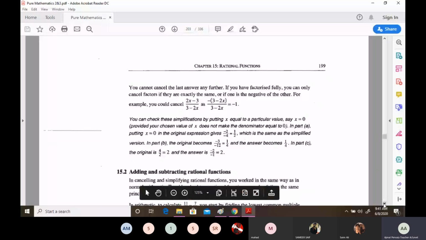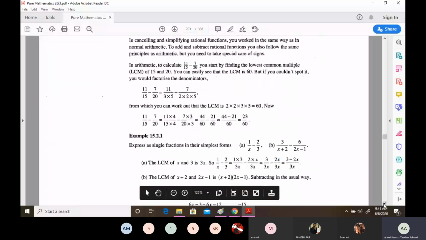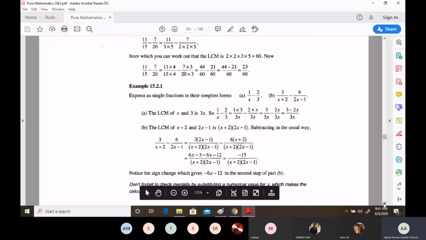Question number, this is exercise 15B. I will share the exercise as well with you.